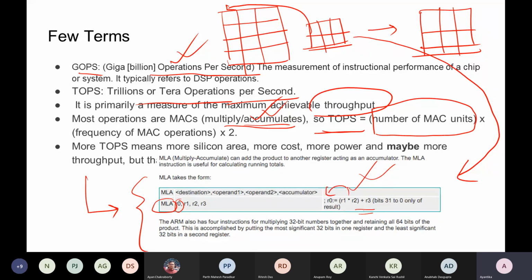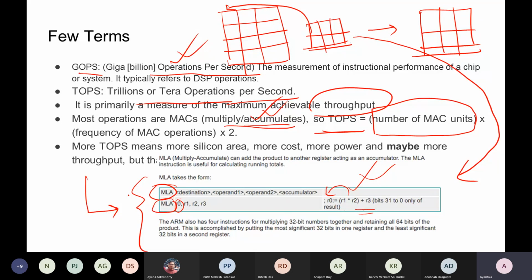Okay. This is your instruction. This is exactly what you are doing when you are thinking about any kind of matrix multiplication. You need to do some multiplication and then you have to do some addition. That is your purpose. So it is good if you have one processor and there you just write this multiplication, and it maps that to a particular instruction, and that instruction works for you.